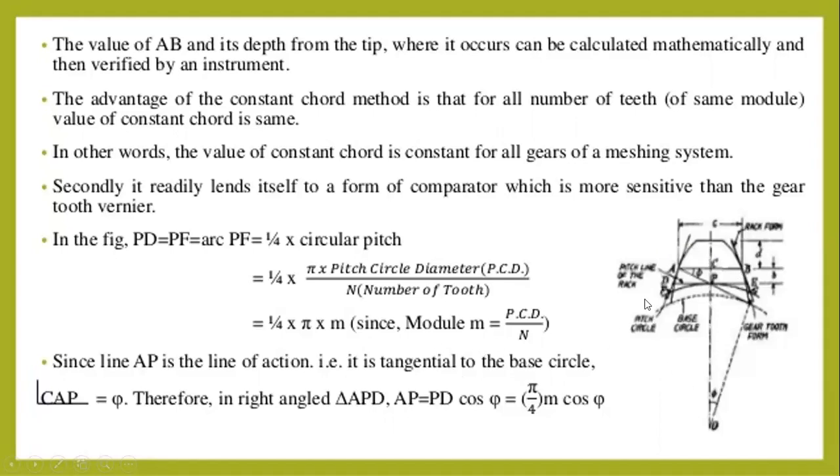So first of all, they were taking the PD. This is the PD section, which is half of the chord, and one fourth of the circular pitch. So we are taking it as half into circular pitch, that is one fourth of pi into pitch circle diameter divided by n.